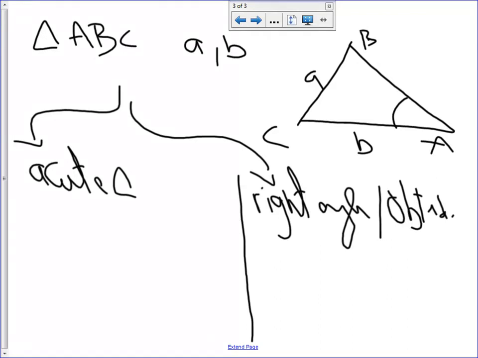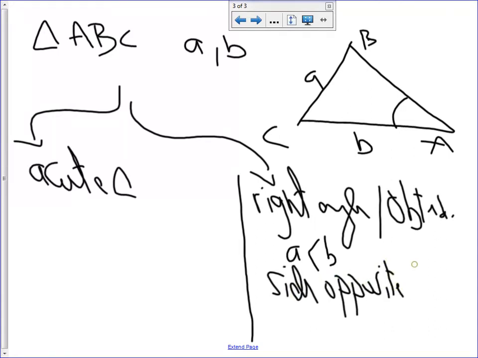In the right angle and in the obtuse angle, if the side opposite to the angle is smaller, if you have the side A small less than B small, you can say that we can't draw any triangle. If the side opposite to the angle is less than the other side, we can't draw a triangle.